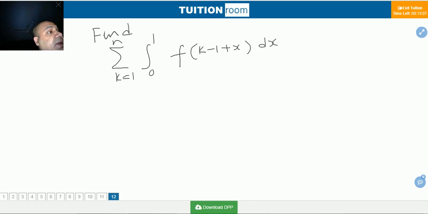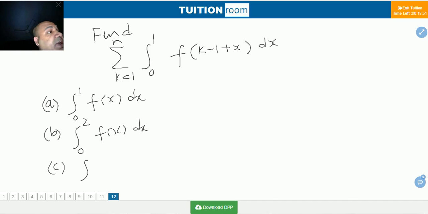We are given the options: first, the integral from 0 to 1 of fx dx; second, 0 to 2 of fx dx; third, 0 to n of fx dx. We have to choose the option from the given ones.